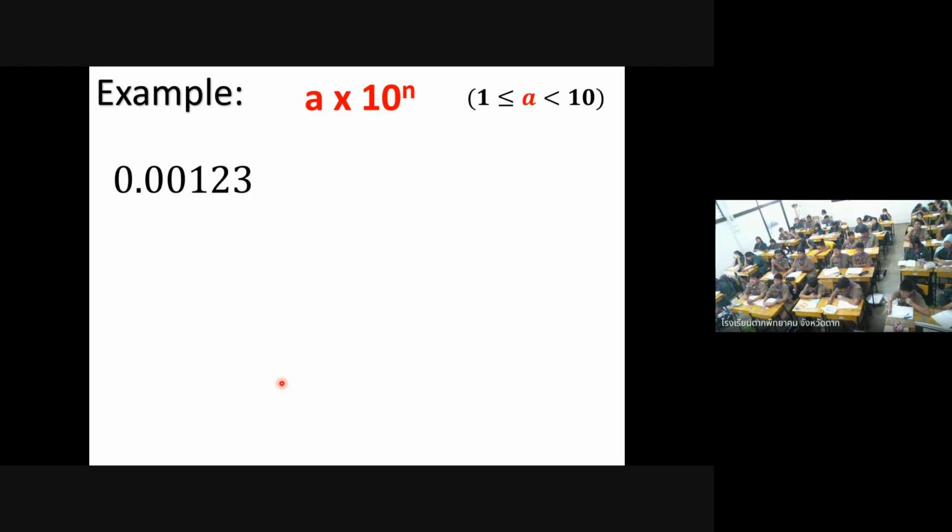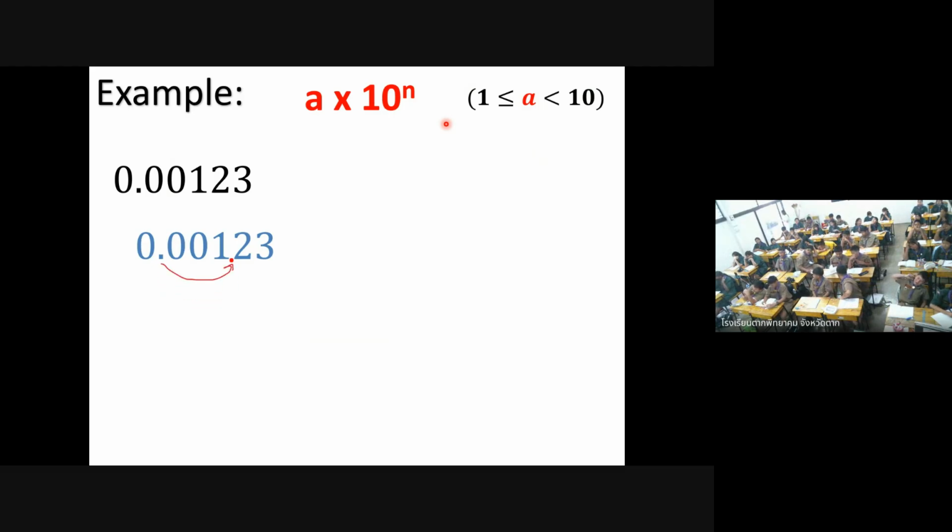So A should be greater than or equal to 1 but less than 10. If we have this point, where should we move the point? Between 1 and 2, so we're going to move that point there. That's the movement. So what would be our A?